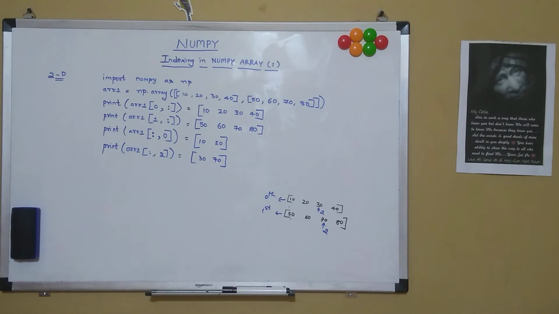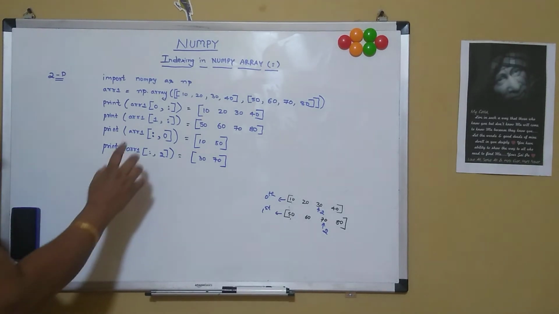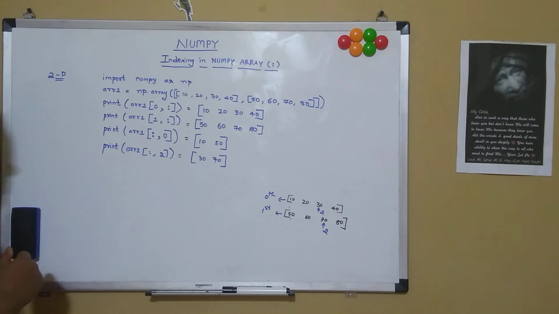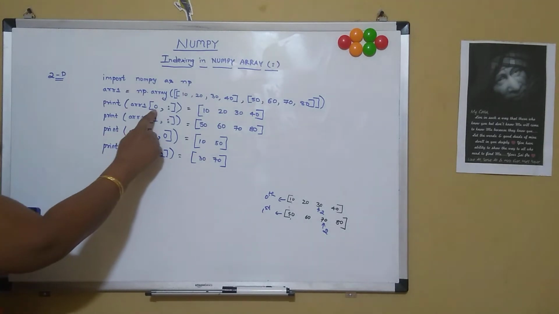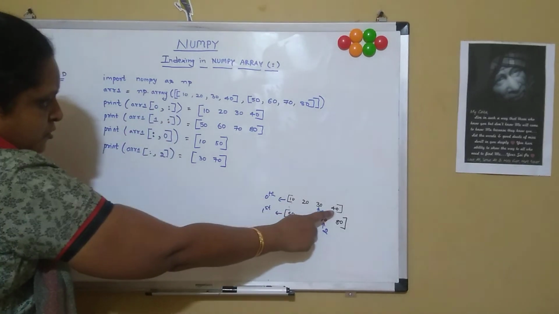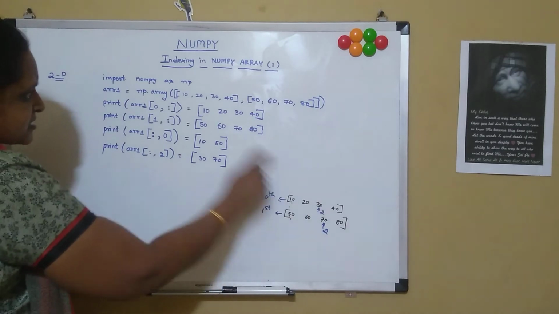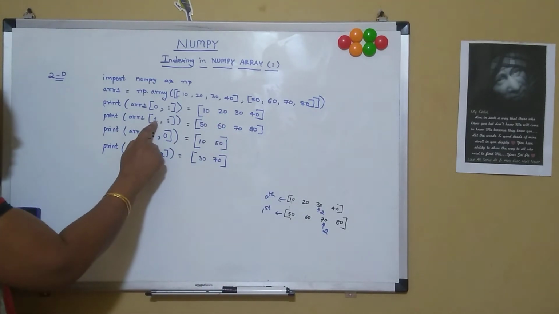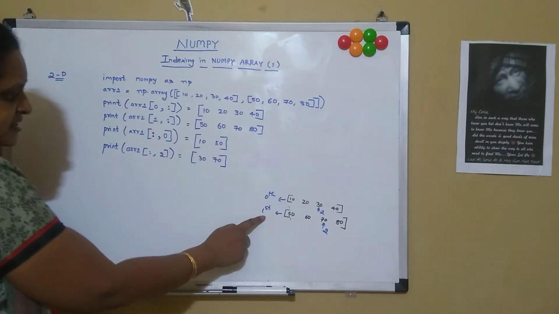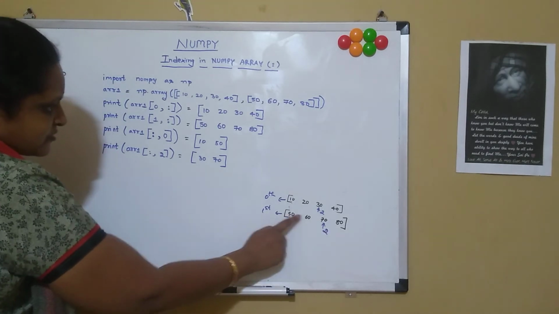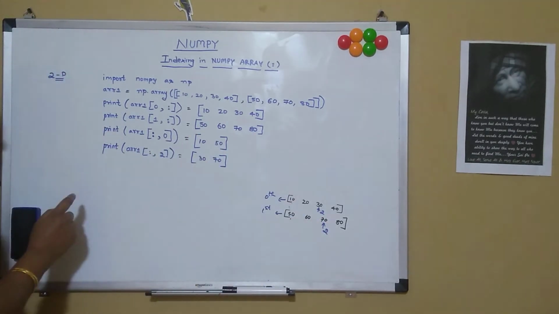So this is how we can fetch a row of elements or a column in a two-dimensional array. Initially, for 0, colon, it considered the 0th row and all the elements: 10, 20, 30, 40. 1, colon, it considered the first row, all the elements: 50, 60, 70, 80.